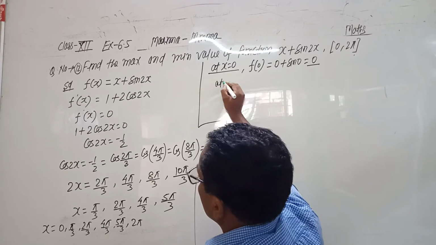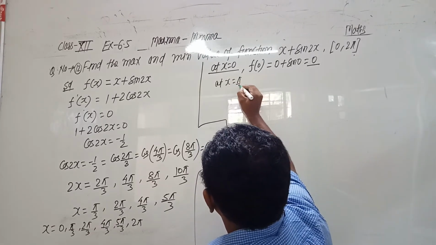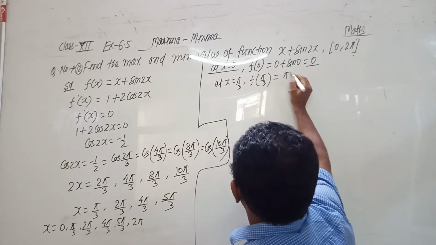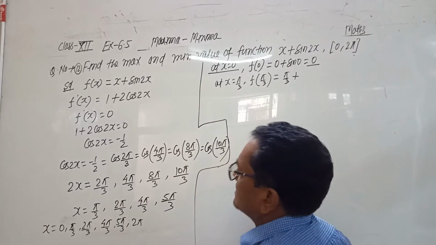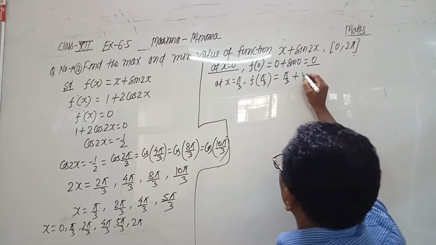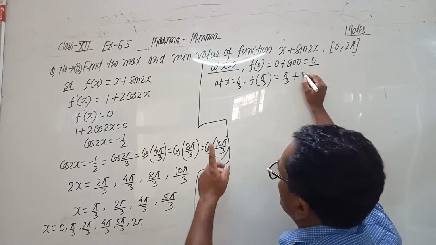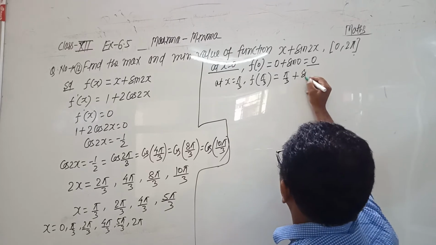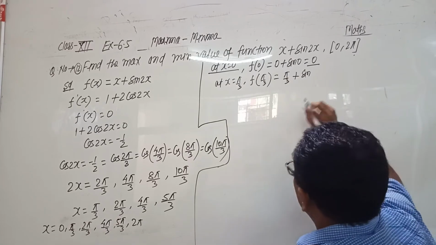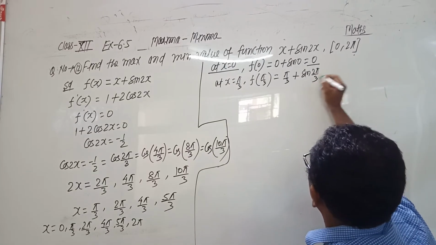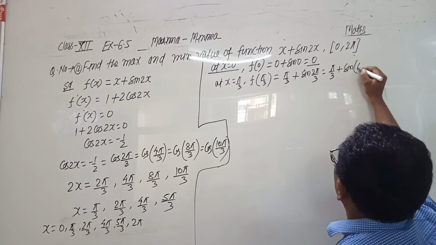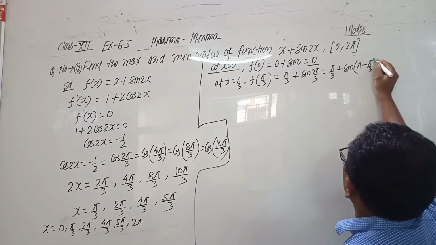At x equals pi by 3, the value of f(pi by 3) we get is pi by 3 plus sine 2x, and the value of 2x is 2 pi by 3. So we get sine 2 pi by 3. This may be written as pi by 3 plus sine of pi minus pi by 3.